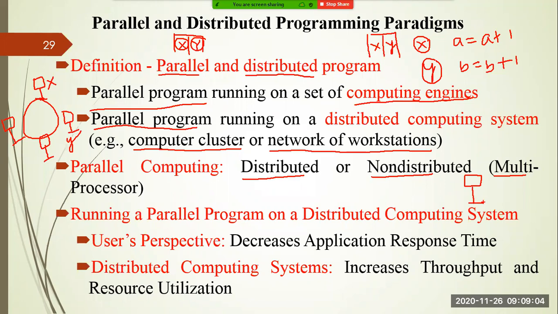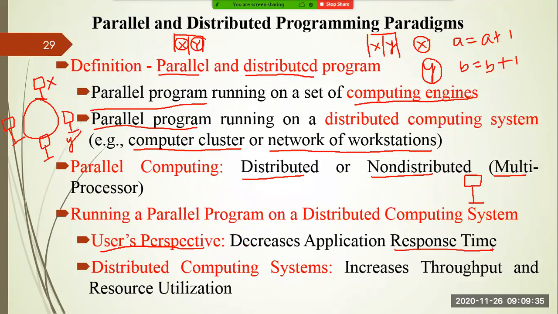The user's work can be solved in a fraction of a second, right? Because you have a lot of computing engines. Again, from the distributed computing system point of view, all the resources are getting their job, so they are properly utilized. So on both sides you have a lot of advantages. From the user perspective, it decreases the application response time.